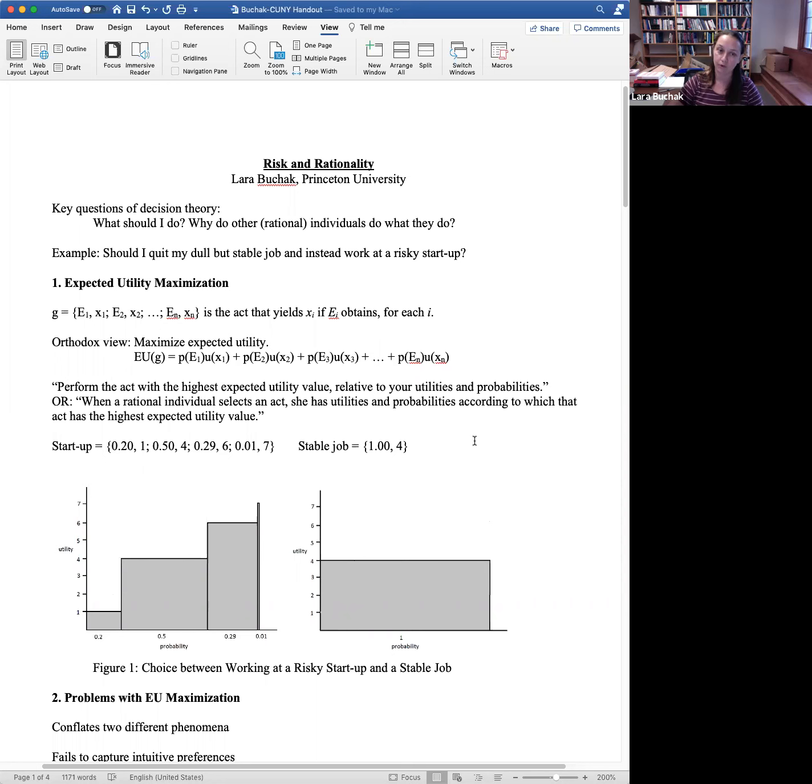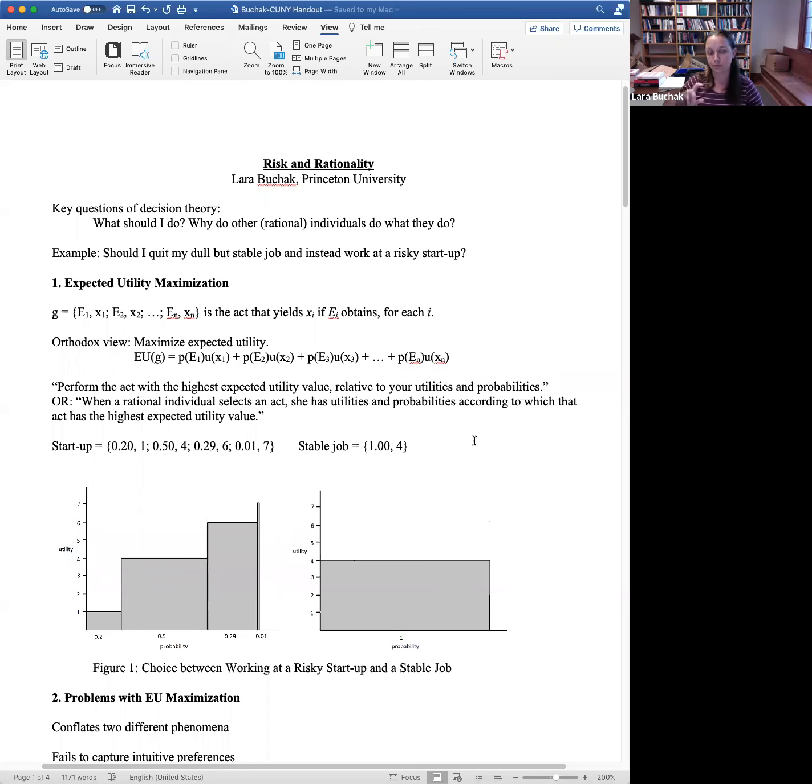So on that view, the way to think of the orthodox view is that when a rational individual selects an act, he acts so that he has utilities and probabilities according to which that act has the highest expected utility value. So utilities are roughly supposed to represent how good consequences are, how much you desire them, that sort of thing.